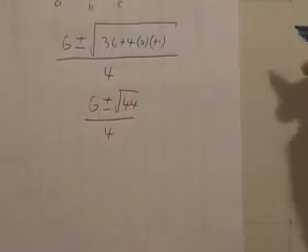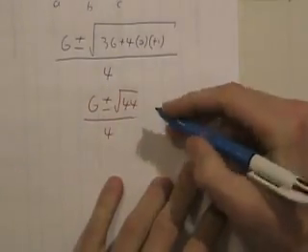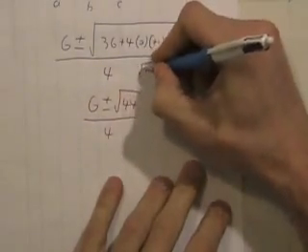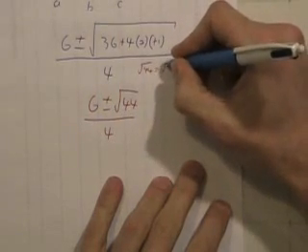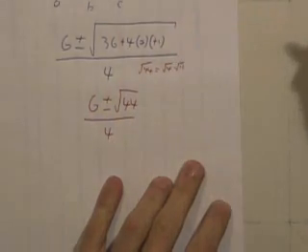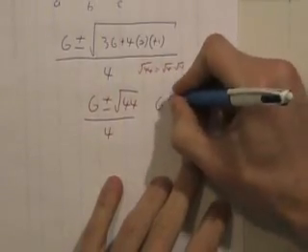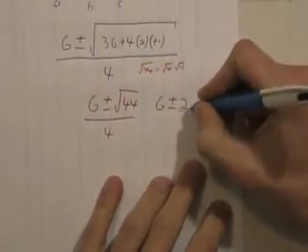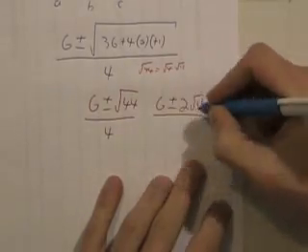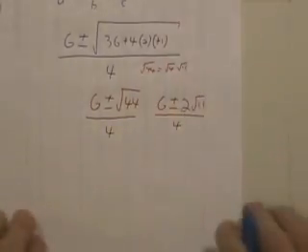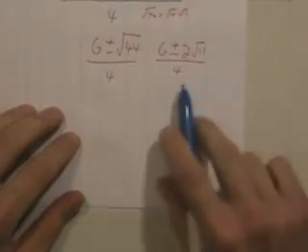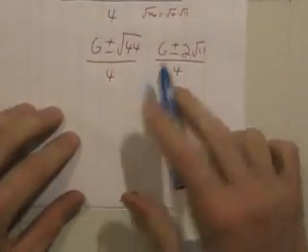And you can break this down because the square root of 44 is the square root of 4 times the square root of 11. And the square root of 4 is 2, so it's really 6 plus minus 2 radical 11 over 4. And then finally, you notice that a 2 factors out of the top.